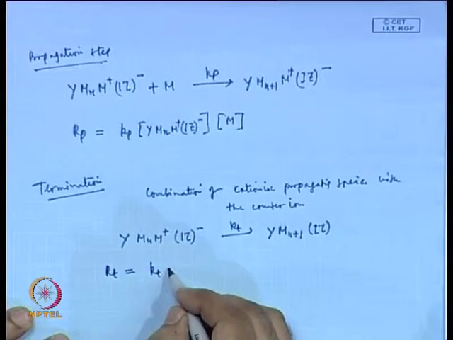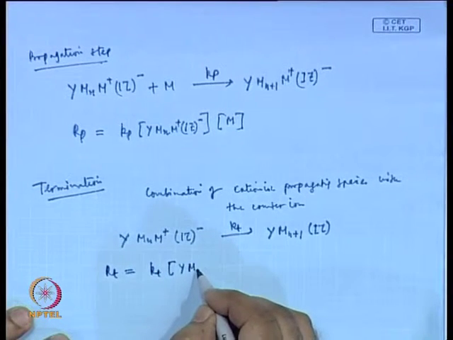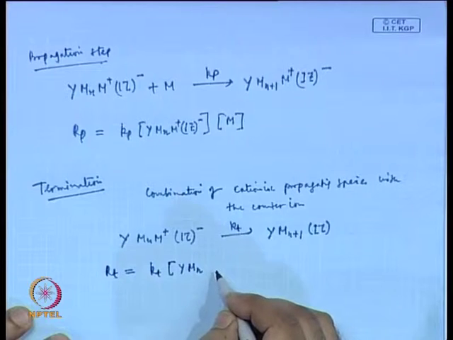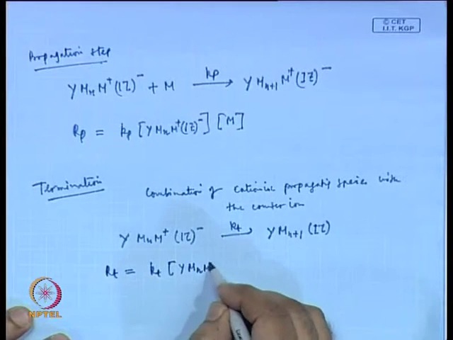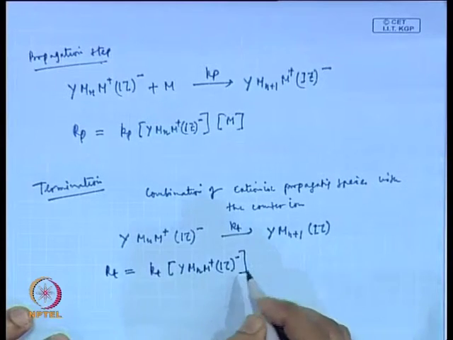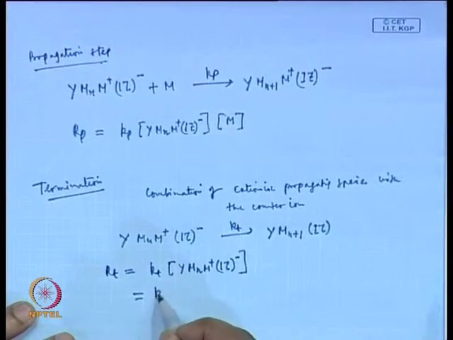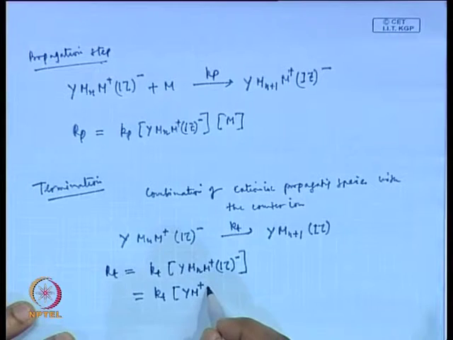So, Rt, the rate of termination, is given by the concentration of, now for simplicity, just like in the earlier case of radical polymerization, let us write this only as M+.